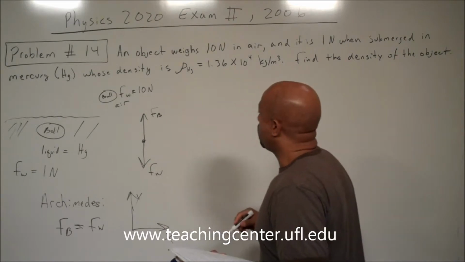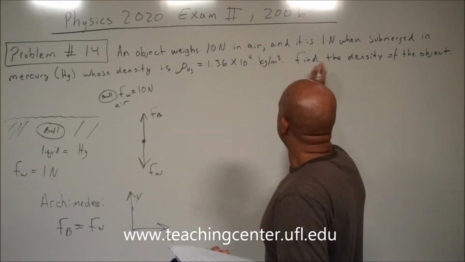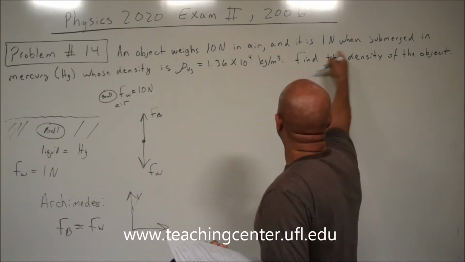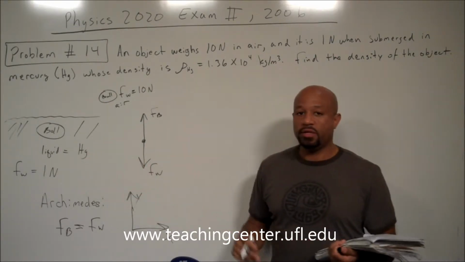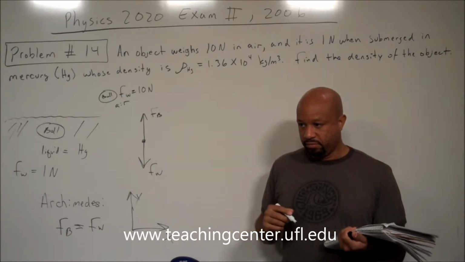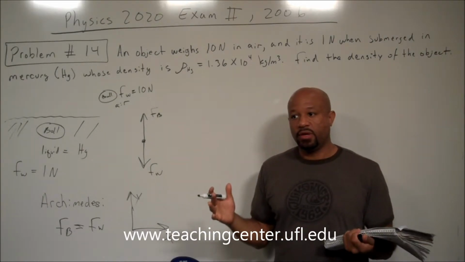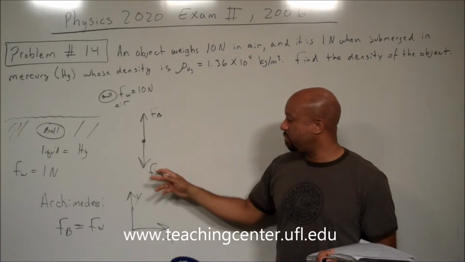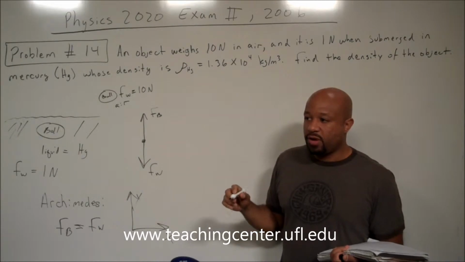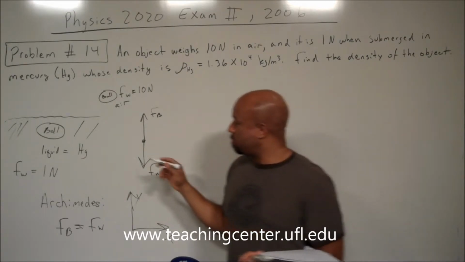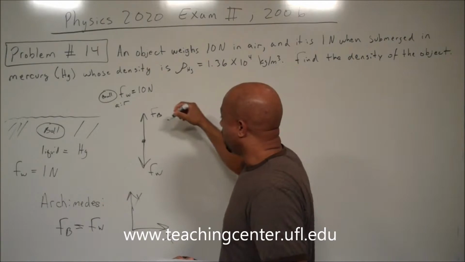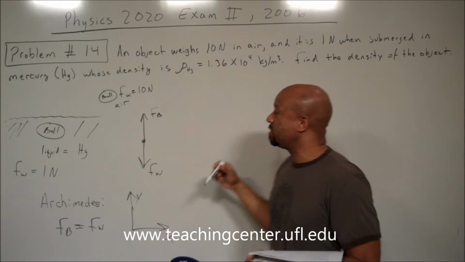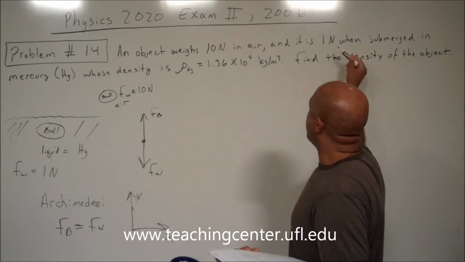Okay? So in this particular problem, it says that the object weighs 10 newtons in air and it weighs 1 newton in the liquid. So if it was going to float, these two forces would be equal. Your buoyant force would equal your weight force. The object actually is going to be sinking in this particular case, because it's going to see a weight of 1 newton.